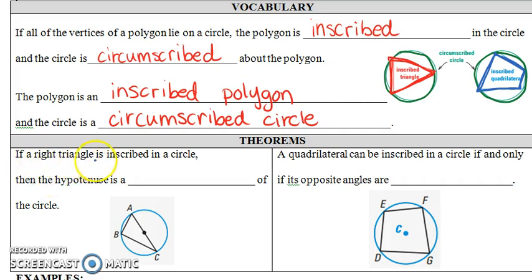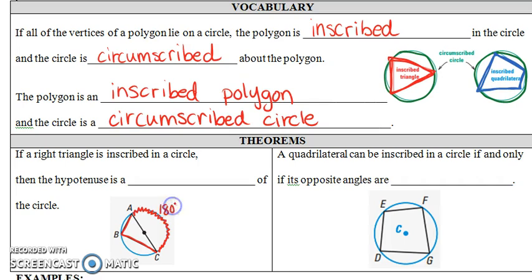It says if a right triangle is inscribed in a circle, then the hypotenuse is a blank of the circle. So if you look at this diagram, we can see, I'm going to outline, angle B is an inscribed angle, and that inscribed angle is intercepting this arc, which happens to be a semicircle.